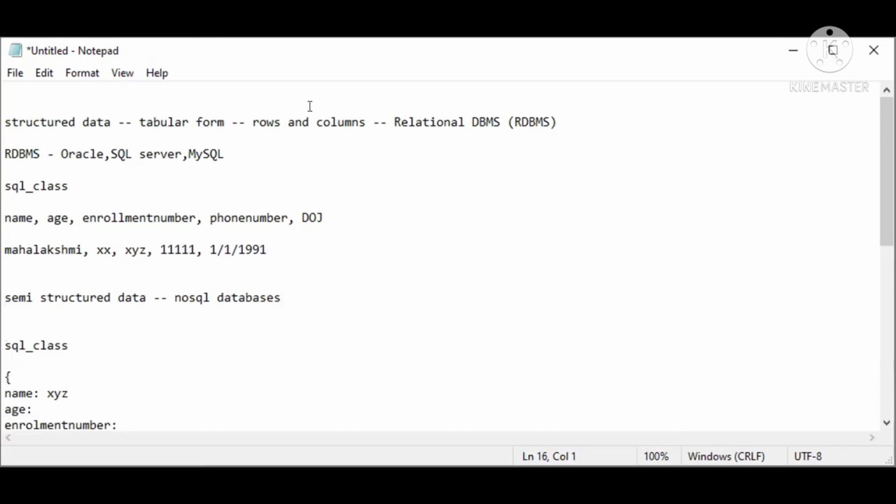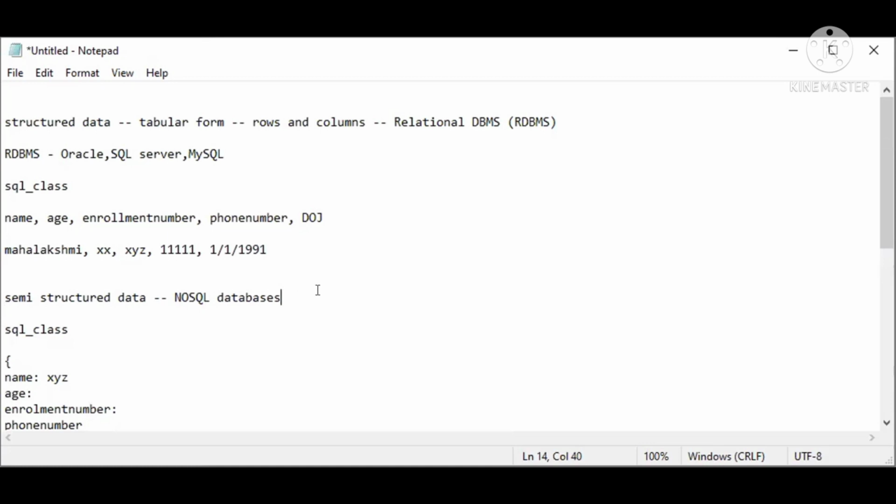So for structured data, we use relational database management systems. For semi-structured data, we use NoSQL databases. NoSQL databases are very much in demand in the market now. They have been around for more than 10 years but were never famous.